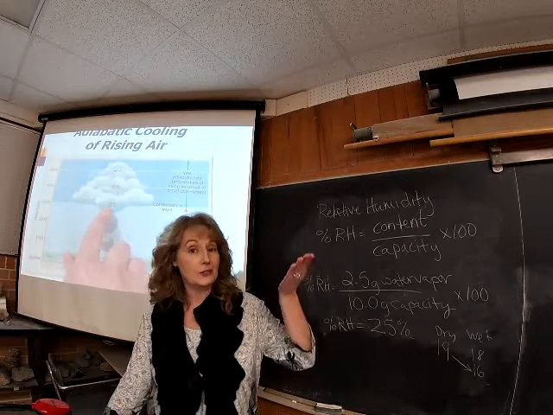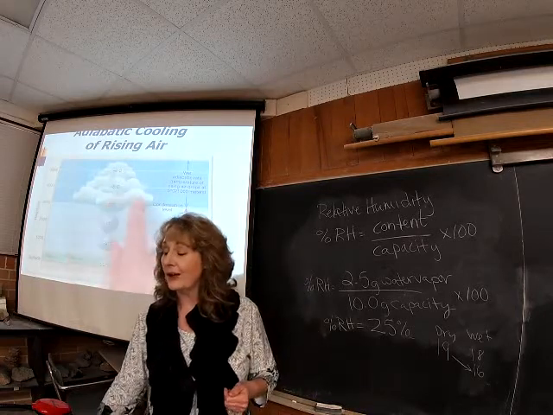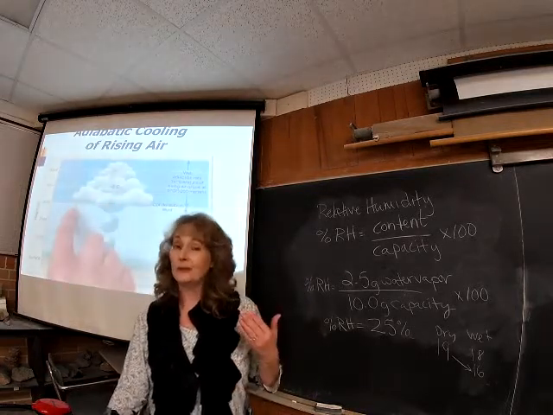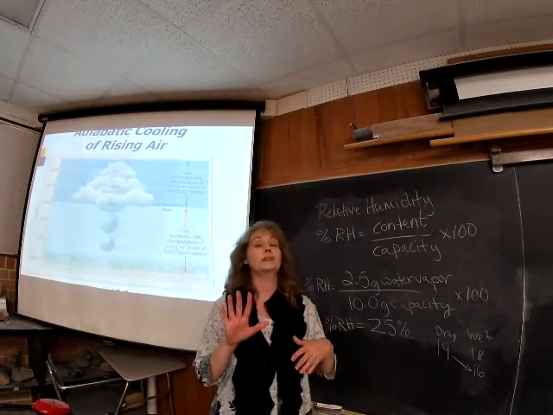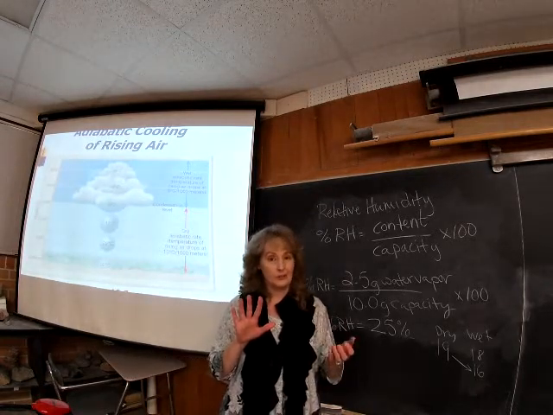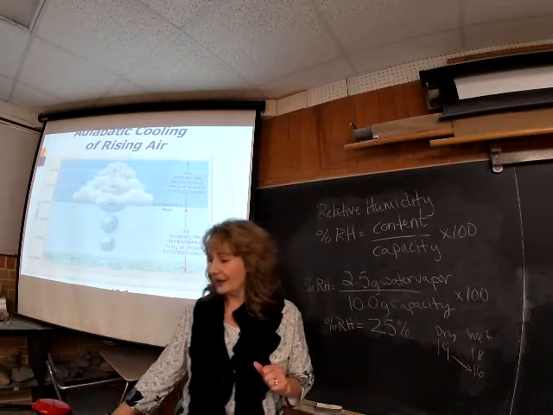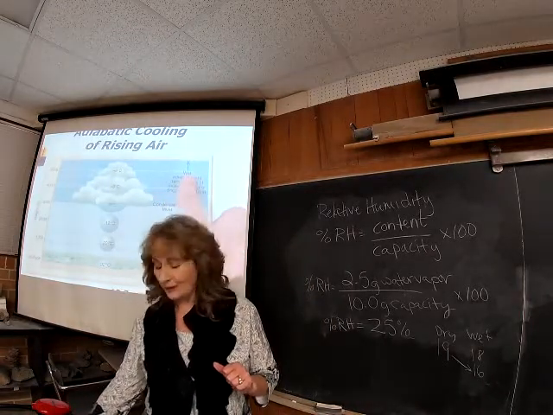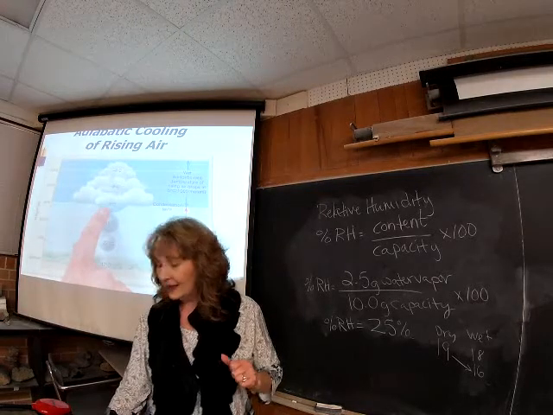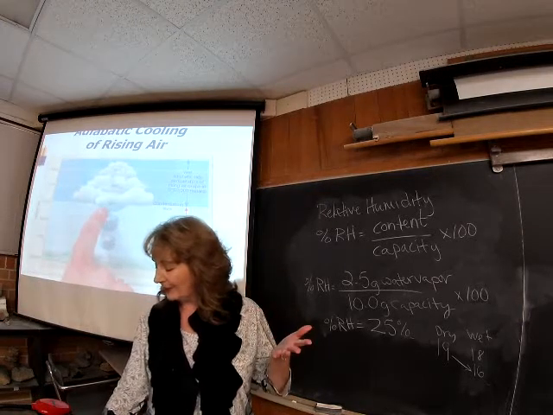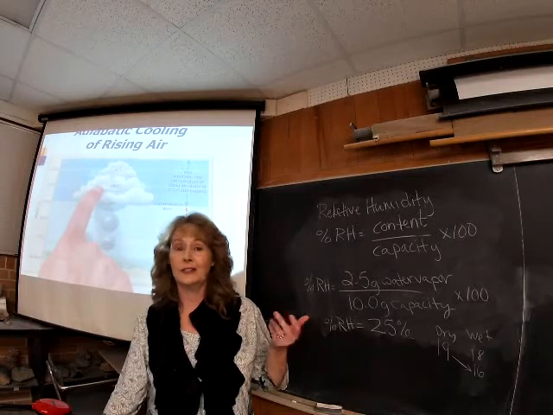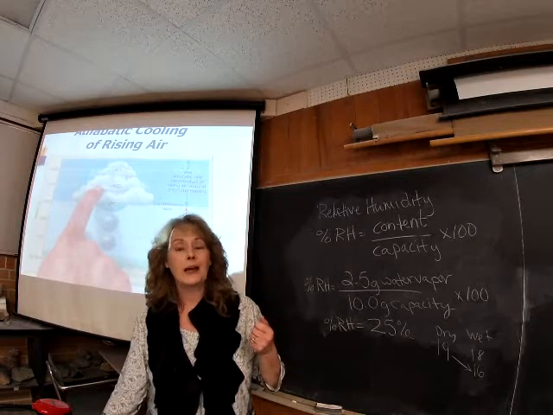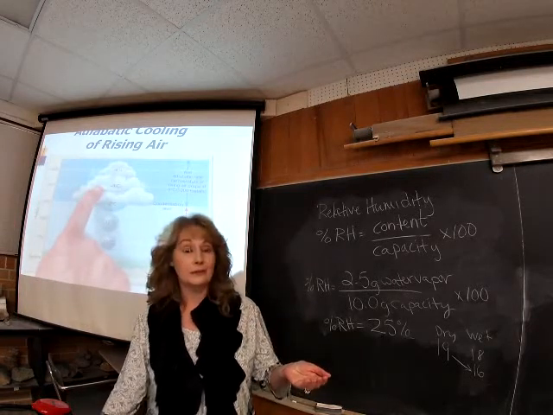It continues to rise, and as it cools, now it's only cooling 5 degrees Celsius per 1,000 meters at the wet adiabatic rate, a little bit slower. From here, where it's 2 degrees Celsius, we go up 1,000 meters and it'll be at -3 degrees Celsius at 4,000 meters.